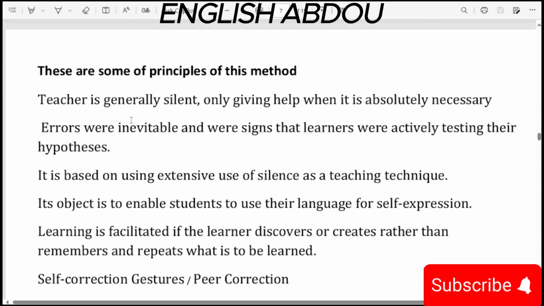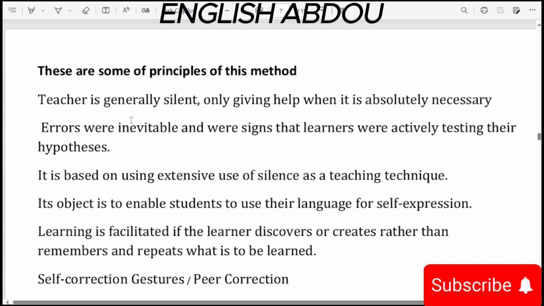Errors were inevitable. Of course, the learners, because they are beginners and they start their language, will make mistakes and errors because they don't have background knowledge before. They are like children who want to learn a language.